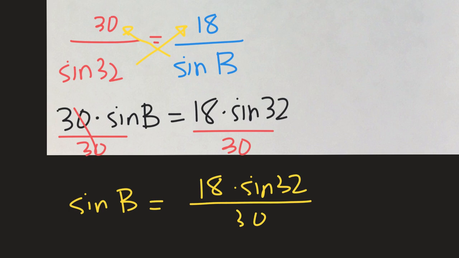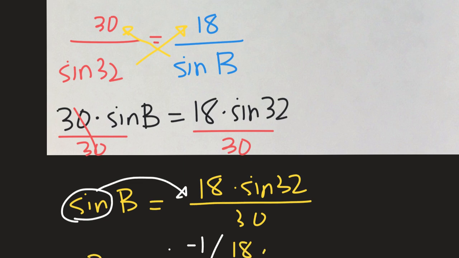And then our last step to solving this is to move our sine to the other side, and we do that by taking the inverse. Which is good, because if we want to find an angle, taking the inverse is exactly the procedure that we need to do. So inverse sine of this fraction is how we're going to calculate the measure of our angle.